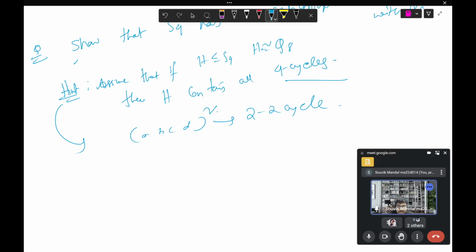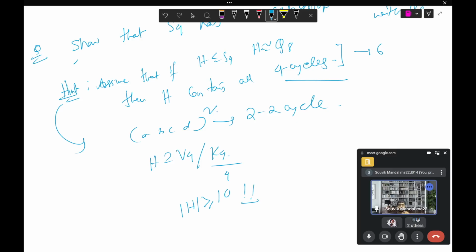This implies H contains the Klein 4 group, K4 or V4. Now, how many 4-cycles are there? 6. And how many elements in K4? 4. So the order of H is greater than or equal to 10. That's the contradiction. So it can't have any subgroup of order 8 isomorphic to Q8.